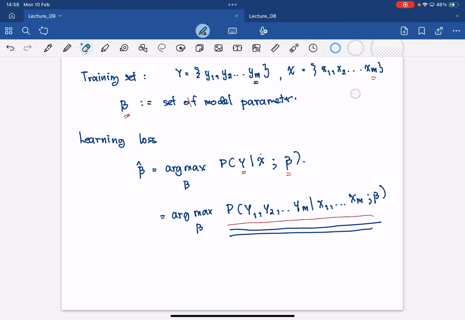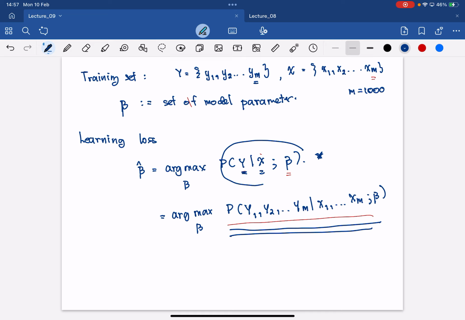Let's say we have 1,000 samples, so m is equal to 1,000. And let's say we use beta to denote the set of model parameters in deep learning. We can formulate the learning loss using maximum likelihood, just like this, where y represents the class that we want to infer and x represents the input.